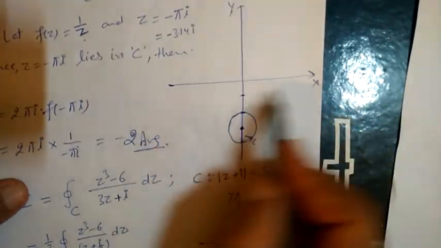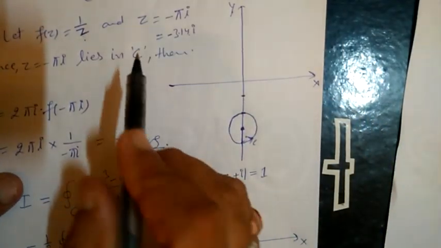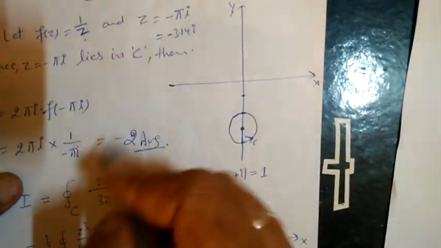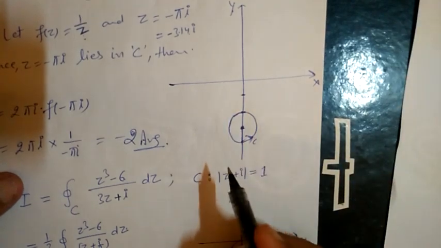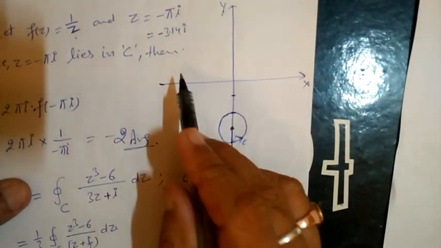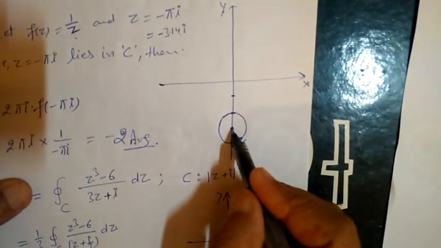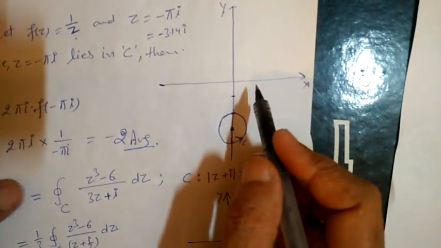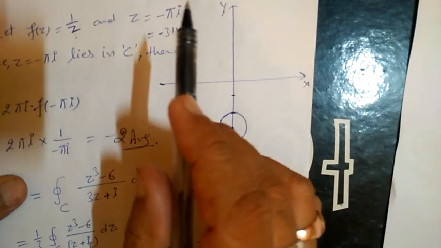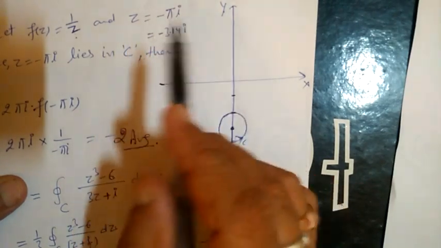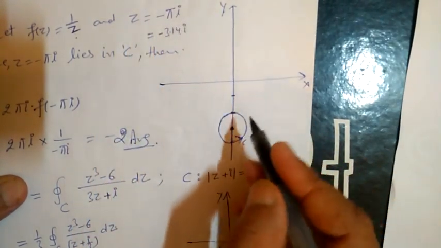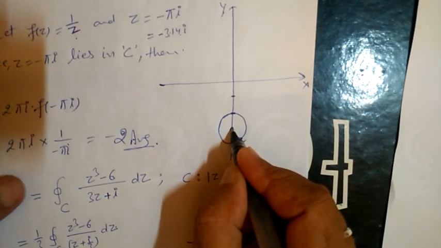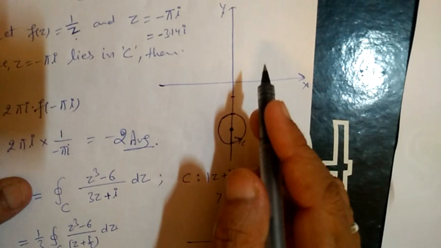Now in the graphical representation, we check whether the given point lies in the circle C or not. Here z is equal to minus pi, that is minus 3.14 iota. The circle C has center minus 3 iota, and the radius of the circle is 1.